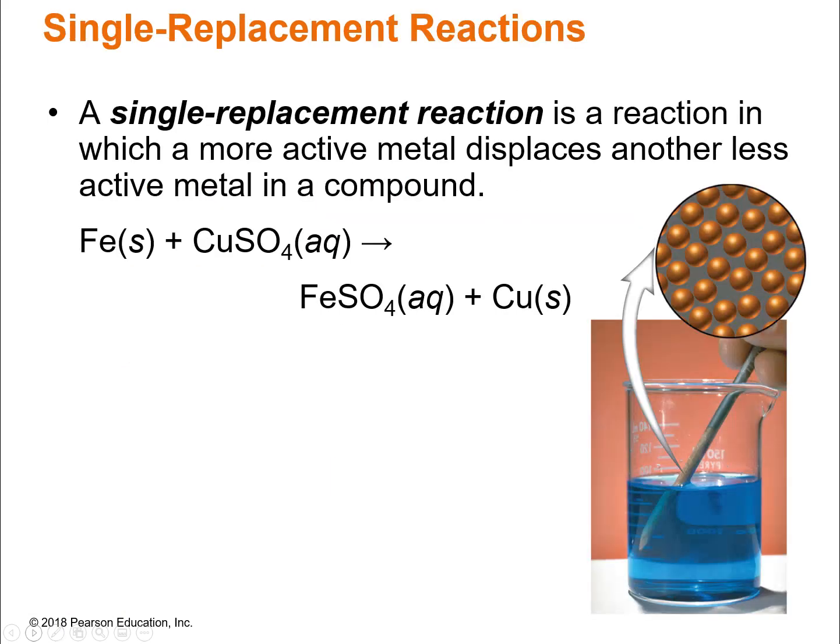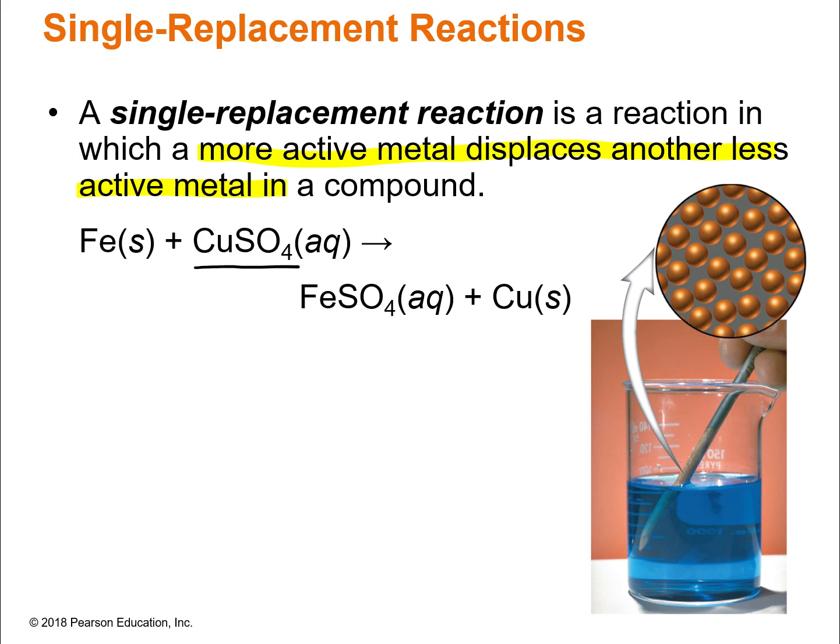This concept is what we need to talk about single replacement reactions. This is a reaction where a more active metal displaces another less active metal in a compound. This is our compound, copper 2 sulfate.